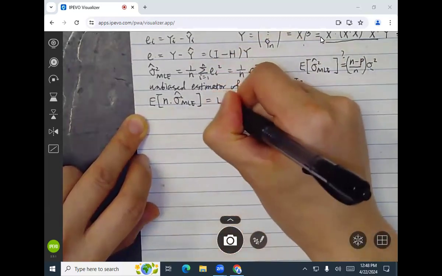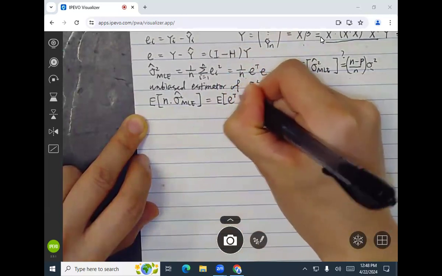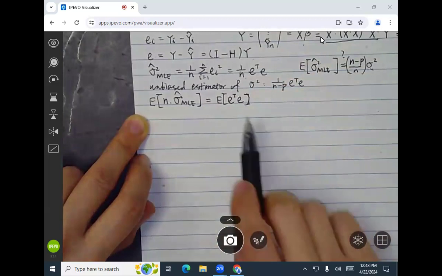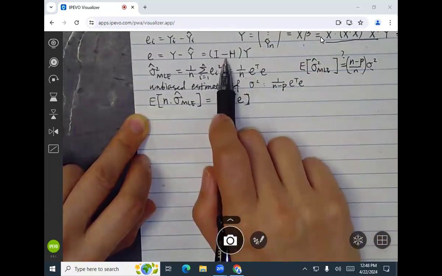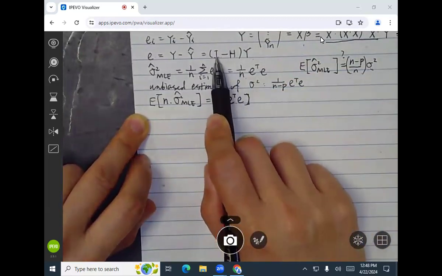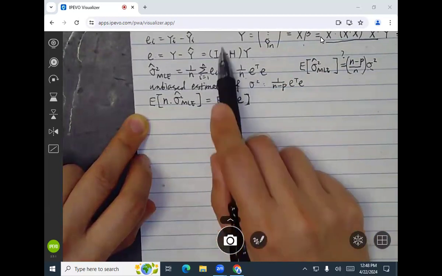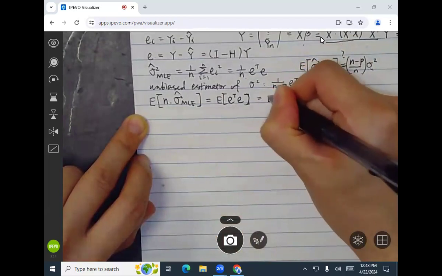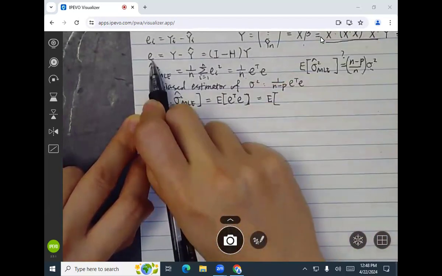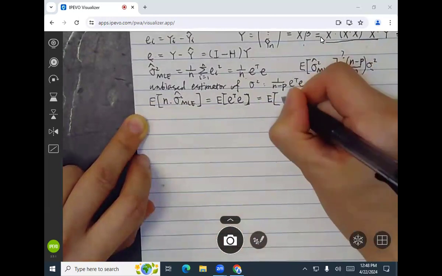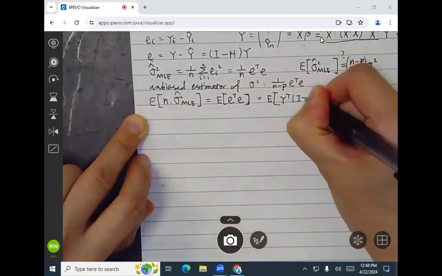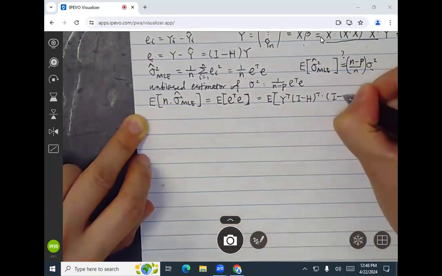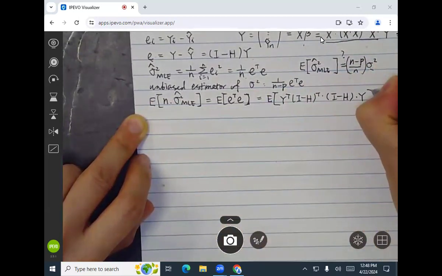Then it's just the expectation of E transpose E. The hat matrix will really help us because we have this I minus H, but its transpose is itself. So let me put in this formula for E. I get Y transpose I minus H transpose, which is itself, times I minus H times Y.